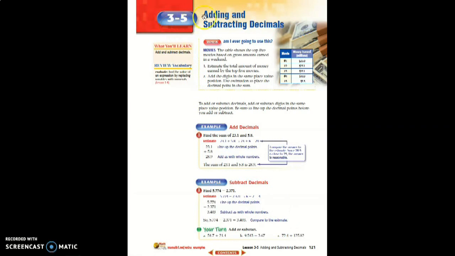3.5. Adding and subtracting decimals. What you will learn: add and subtract decimals. Review vocabulary. Evaluate: find the value of an expression by replacing variables with numerals. When am I ever going to use this? Movies.